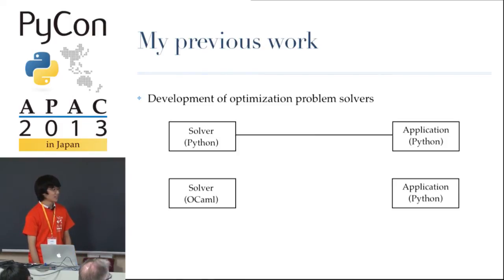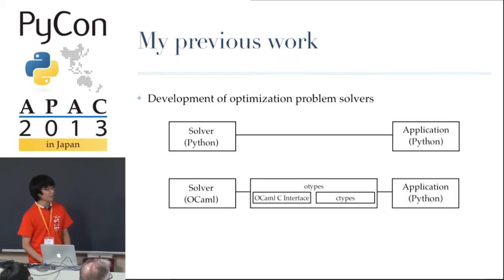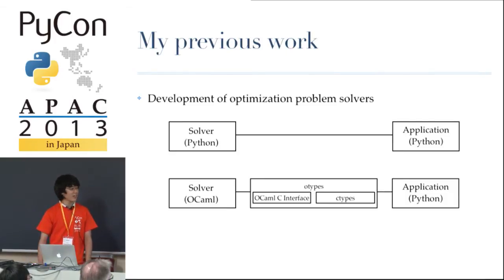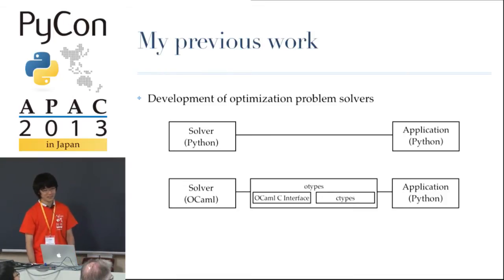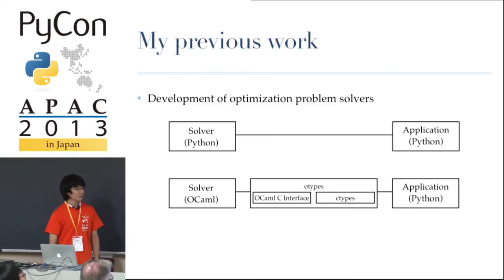Then I developed an interface to communicate between Python and OCaml named OTypes. It wrapped the OCaml C interface using ctypes.